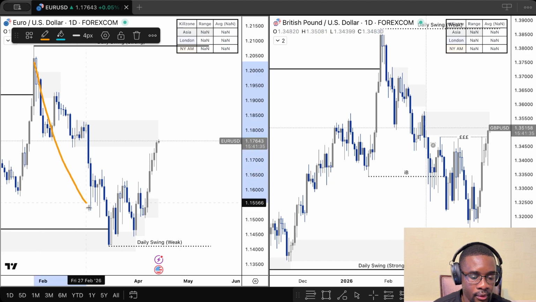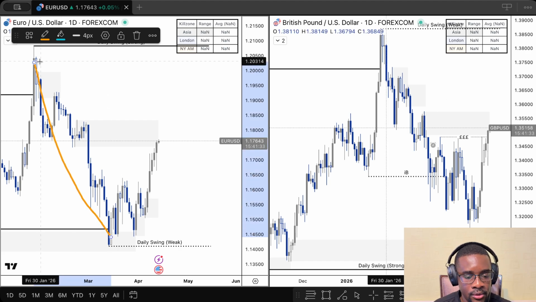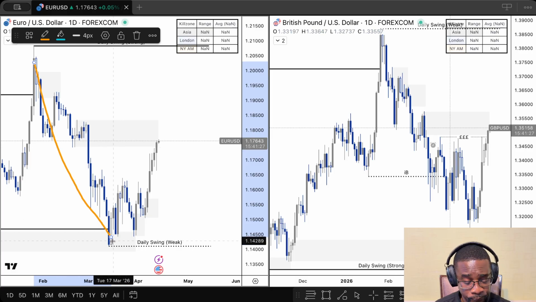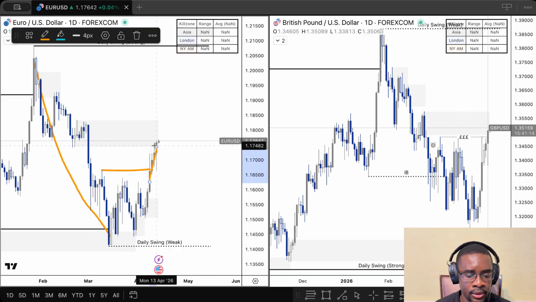So price on the daily, we've had this switch with a break of structure right there. After a break of structure, we expect a pullback on that time frame, and then right there we had a change of character, and then price started pulling back.